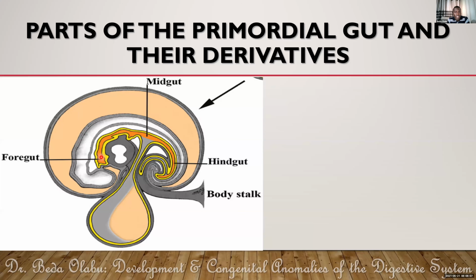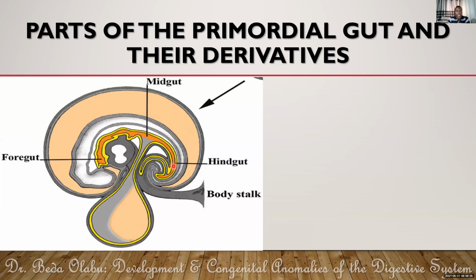The primordial gut is described to have 3 segments. The segment that retains connection with the yolk sac is called the midgut. The segment cranial to the midgut is called the foregut, and the segment caudal to the midgut is called the hindgut.